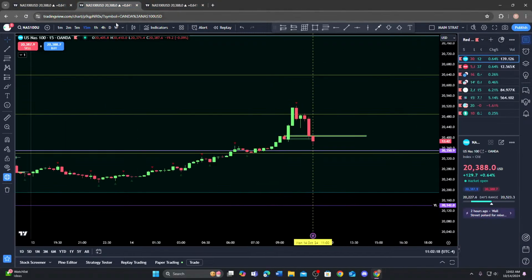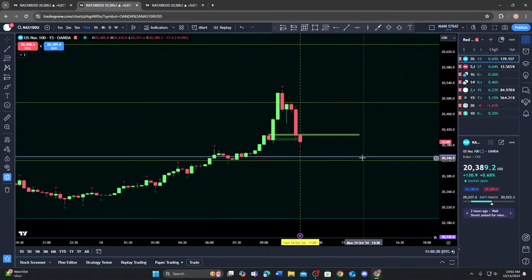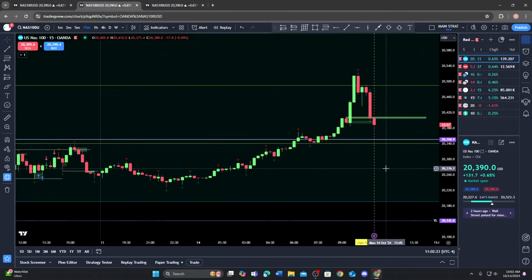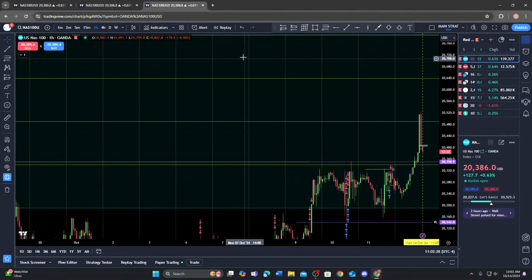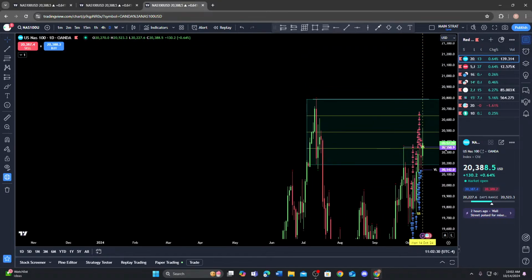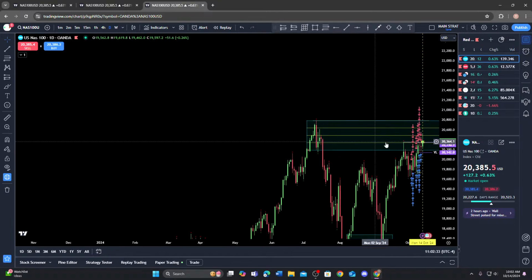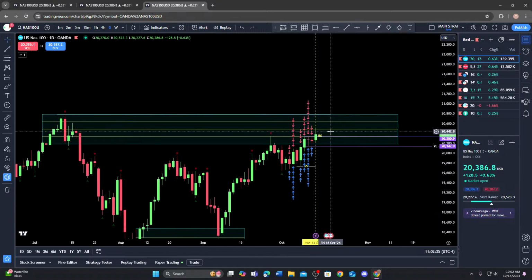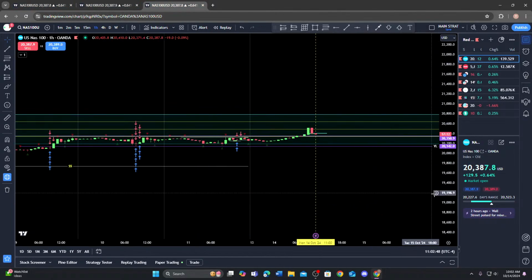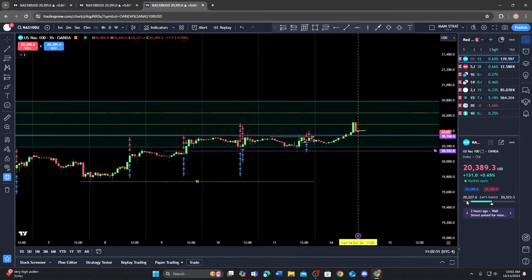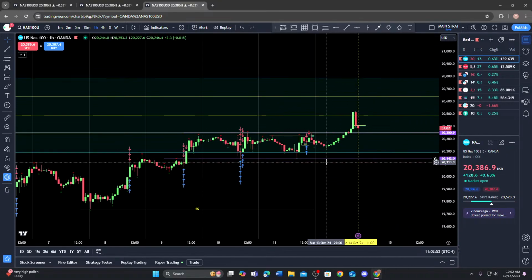So we go to our 15-minute here. So we are trading on the daily chart. We've traded into this order block here. The mean threshold being here, we just wicked inside that and rejected off of that mean threshold. So we could definitely see a lot of downward movement to take out.